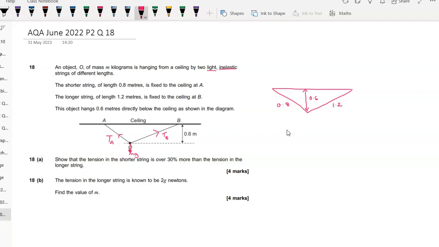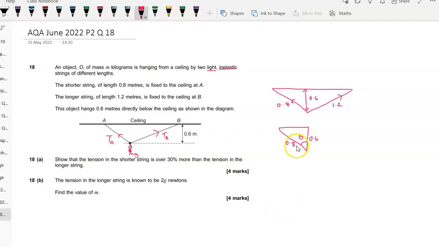Right, okay. So these strings, because they're acting that way and that way, they've got a vertical and a horizontal component, haven't they? So the measurements are here because we need to work out the angles, basically. That's what they're there for. So if we split that into two right-angled triangles here, that one will be 0.6. This one here will be a hypotenuse at 0.8. And I want this angle here.